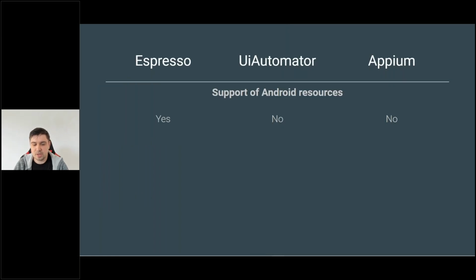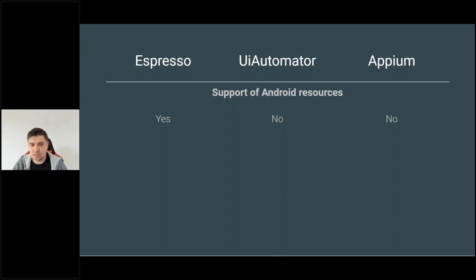So let's try to compare these frameworks and understand which is better, or maybe faster. Of course, it really depends on what you want to achieve, but let's compare them. Espresso has access to Android resources, and by Android resources I mean the different translations which you most probably store in your XML file.